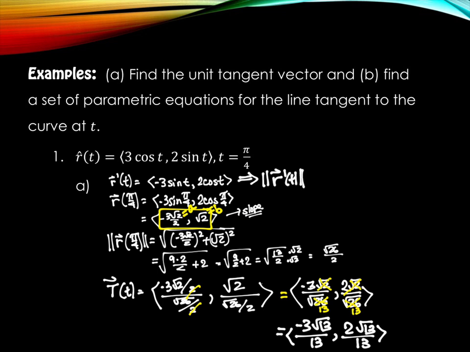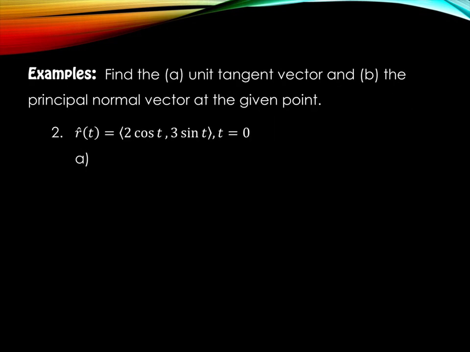And if we found that magnitude, we could have used that quantity, which would still have variables in it, right? To divide the original r prime of t equation. We could have done that, and that would have been an arbitrary quantity instead of an evaluated up to pi over 4 quantity.